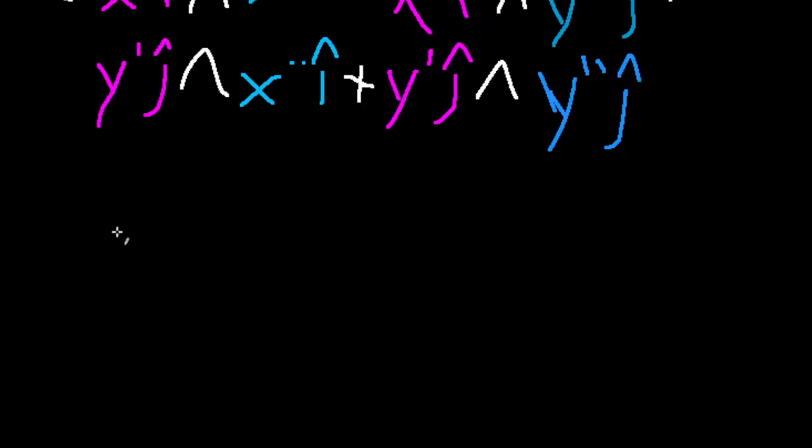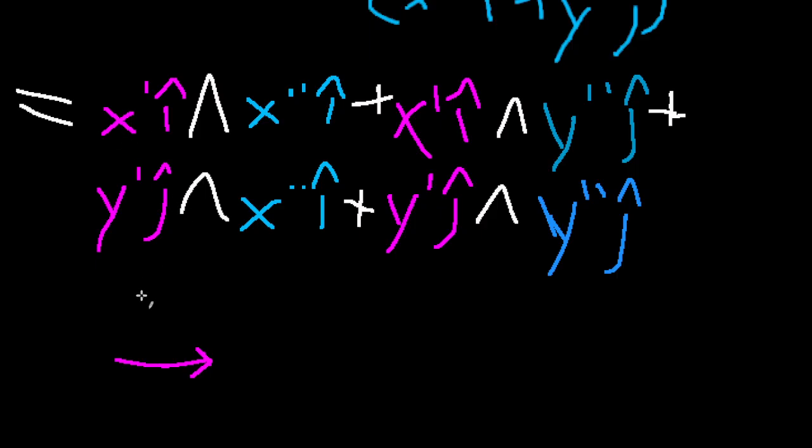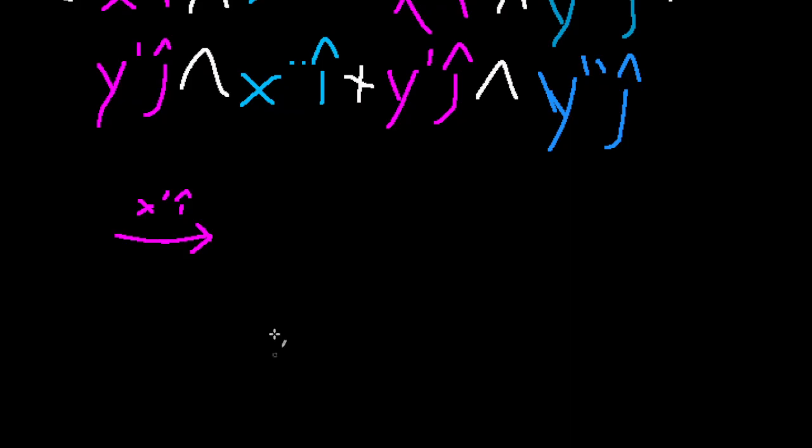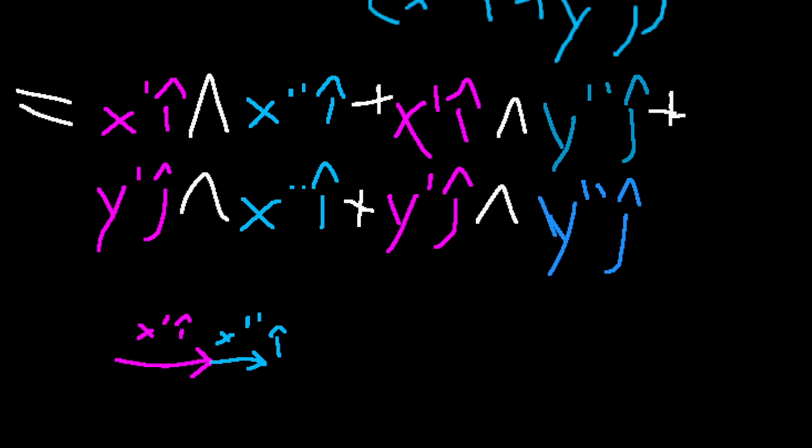So let's say that this is x prime times i hat, and then this is x double prime times i hat. Okay, so now how do we take the wedge product of these two?